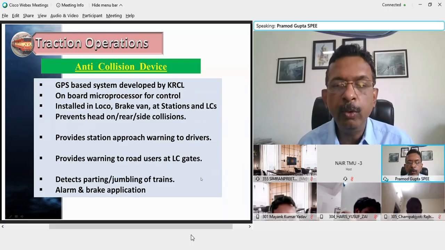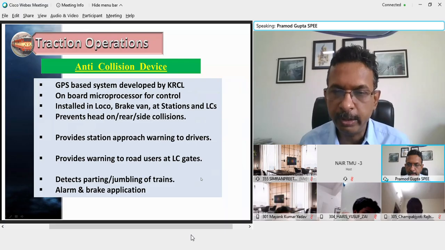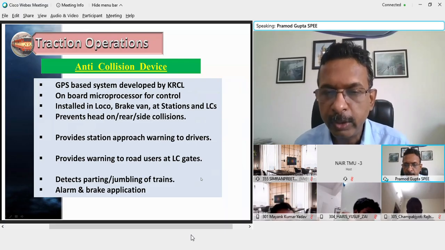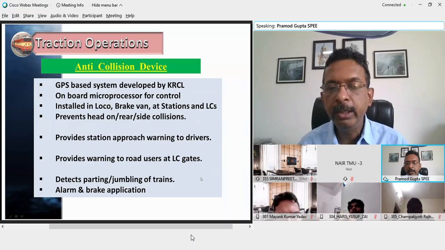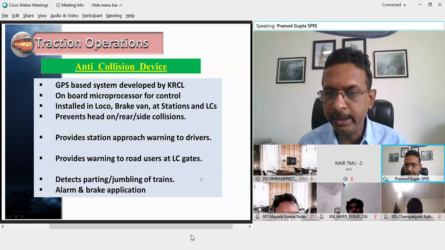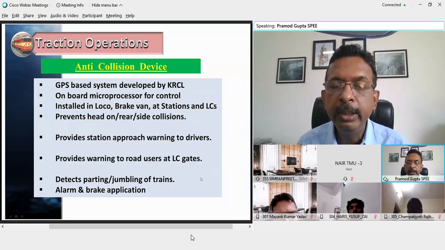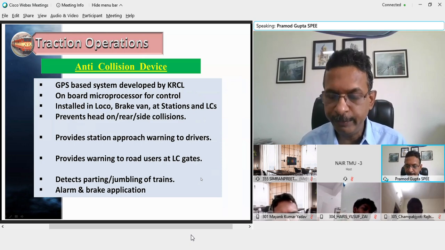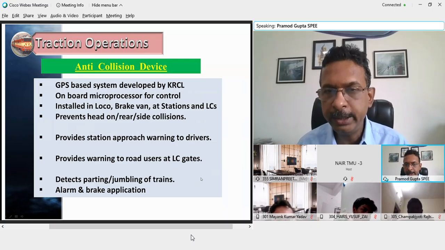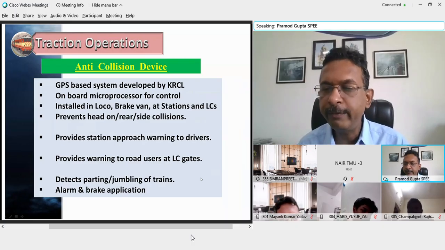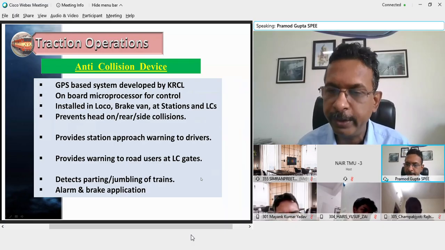As provided in locomotives, if trains are moving in opposite directions, I should know the distance between the two trains. It is also provided in the brake van, so that if another train has entered the section from the rear of the train, I should also know the distance between the front train and the rear train. So we need GPS-based systems, ACD, in locos, brake vans, stations, LC gates and different locations.